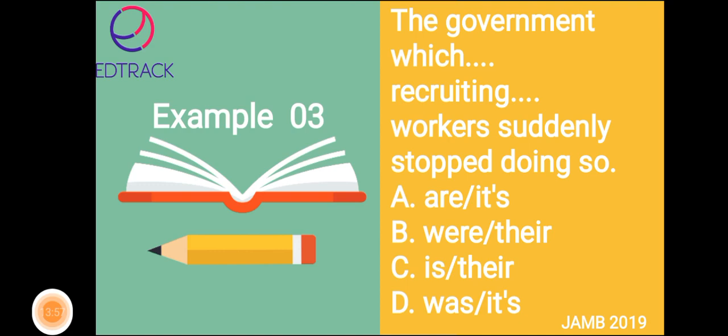So our answer is going to be option what? Option D. Yes. Was is a singular verb, and its is a singular possessive adjective, which is appropriate to go in there. So our correct option is option D.